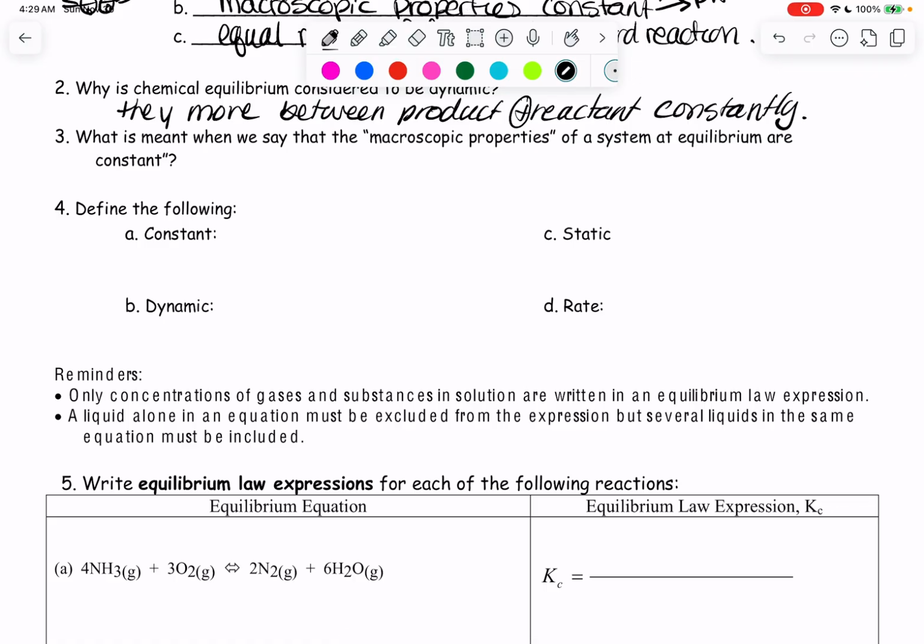So this means that the things that you can see or measure, if you can see it, it appears as if there are no changes.